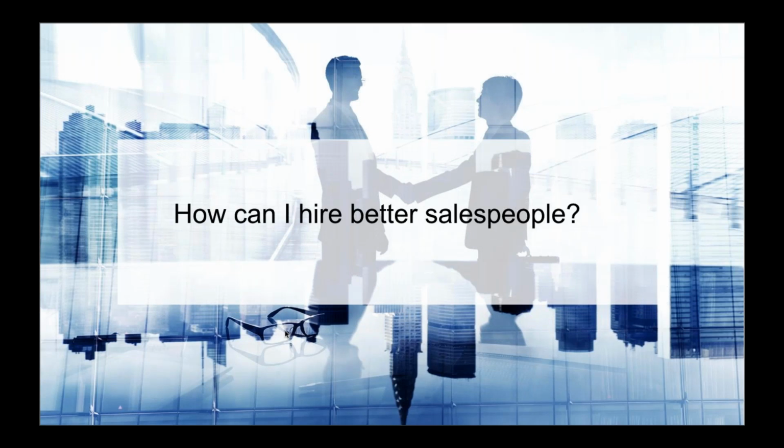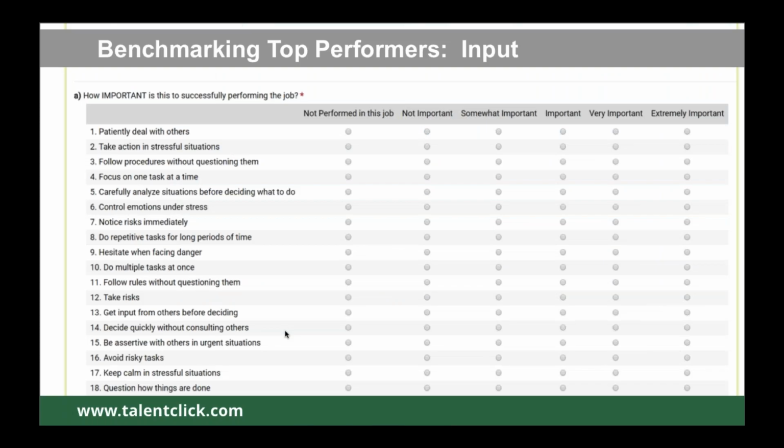Okay, so let's really roll up the sleeves here on how we determine what a great salesperson is, and how we do that benchmarking that I just referred to. Well, there's a couple of ways of doing it. There can be a job analysis where you have a number of stakeholders and you send a survey to them, and they start ranking and rating how important certain tasks and responsibilities are, or certain character traits.